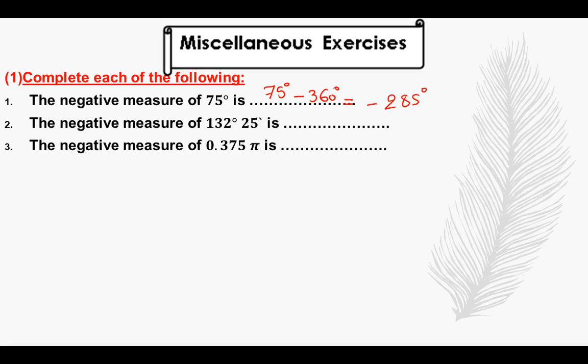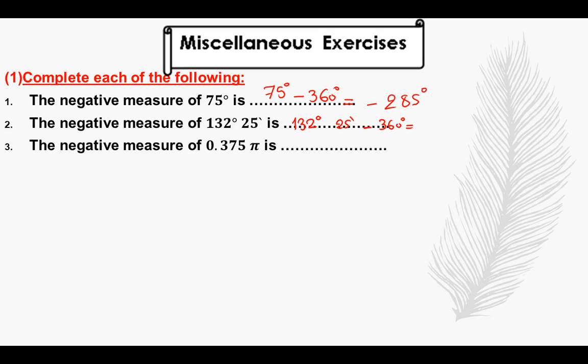Negative 285 degrees. Example 2. The negative measure of 132 degrees and 25 minutes. Here 132 degrees and 25 minutes is a positive measure. We want to find the negative measure, so we will subtract 360. So it will be 132 degrees 25 minutes minus 360 degrees.